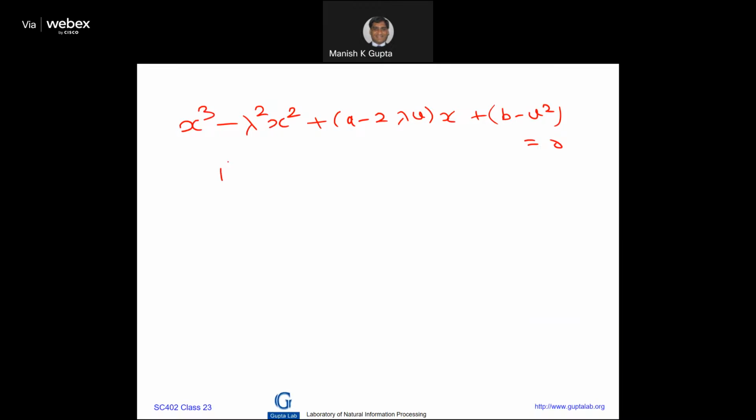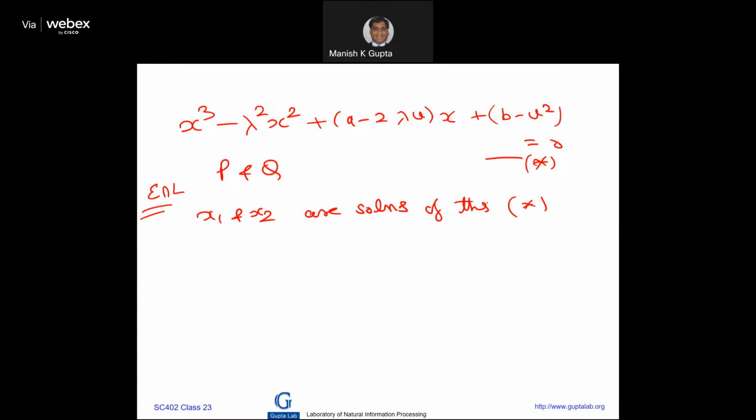Now we know that P and Q are 2 points on the curve, right? That means x1 and x2 are solutions of this equation. I can call it the star equation. So the roots of this equation are the x coordinates of points in E intersection L.